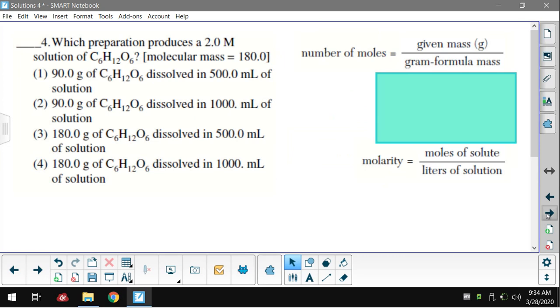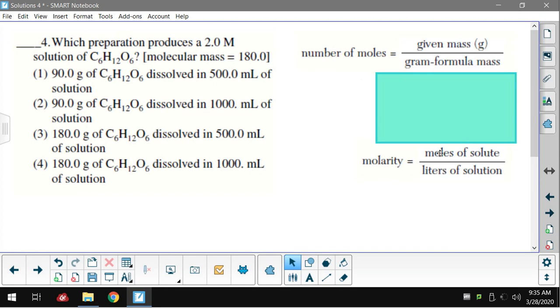The fourth one, which preparation produces a 2 molar solution of C6H12O6, glucose? Well, they give you the molar mass. You want molarity to be 2. So you want something like 2 over 1, or 1 over 0.5, or 4 over 2.